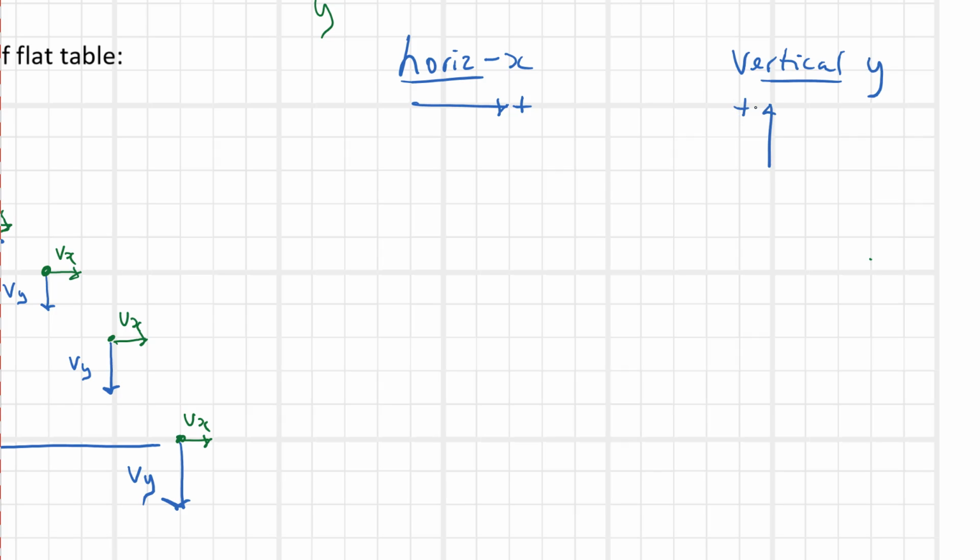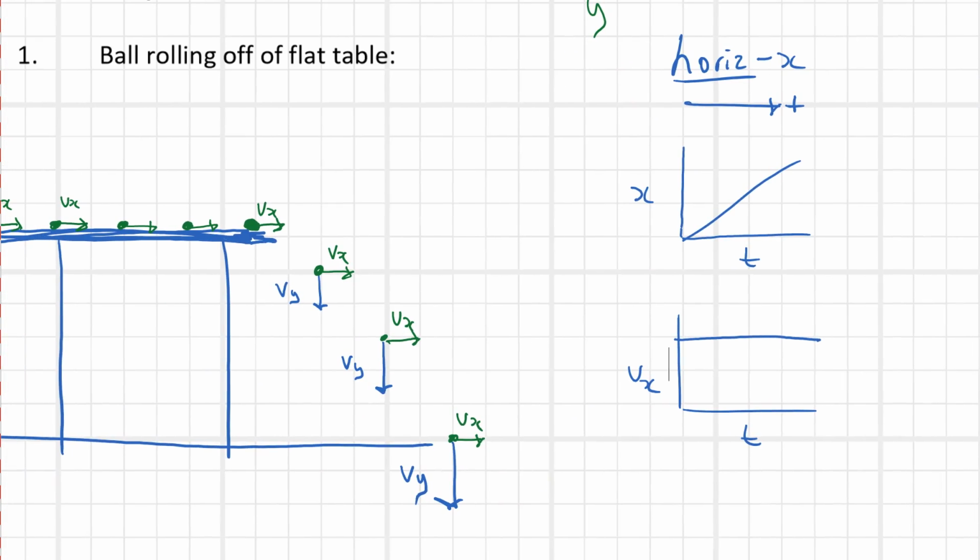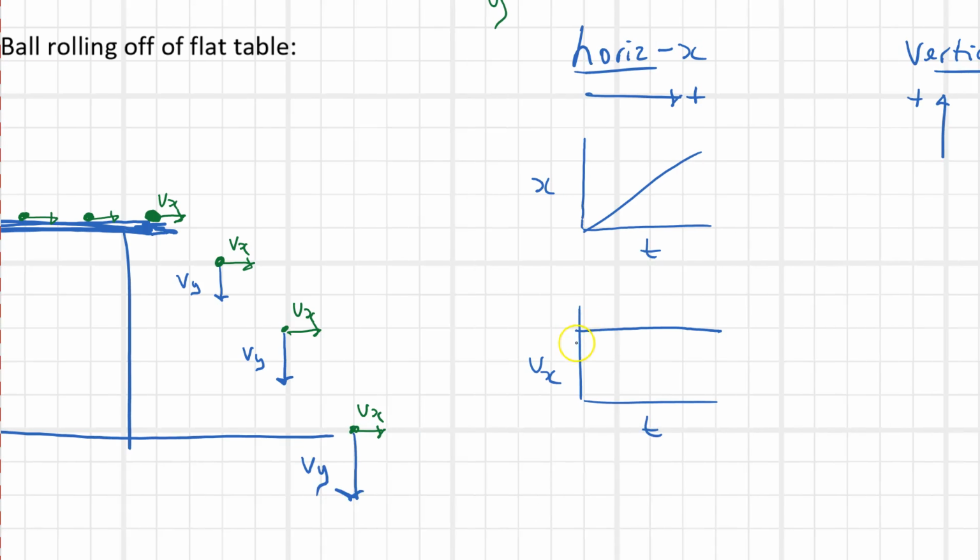I think in our lab we said up was positive. So what did we get? We had a position time graph, xt, and a velocity time graph, Vx, which was constant. Just like in our arrows here, each of these green Vx arrows is the same length, which tells me that this velocity was the same the whole time.